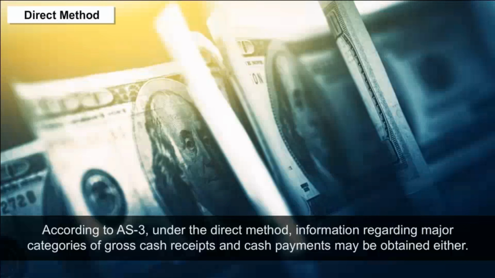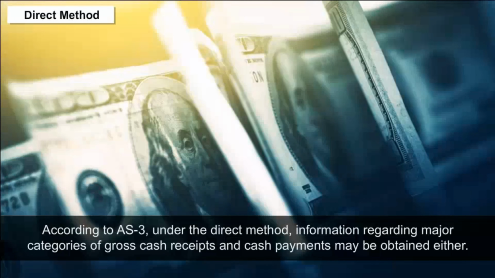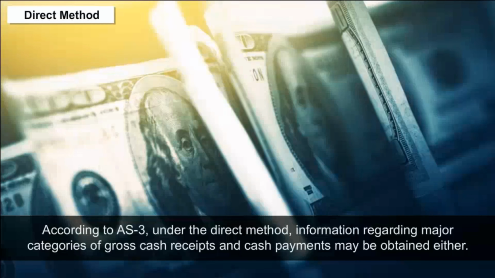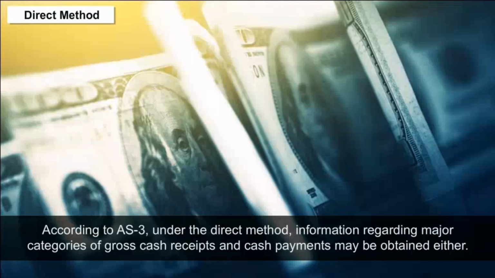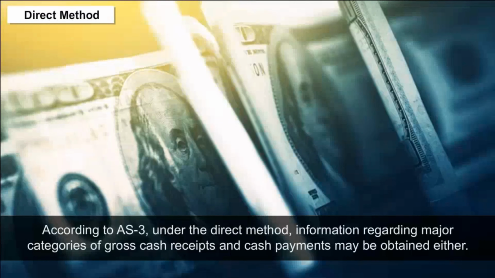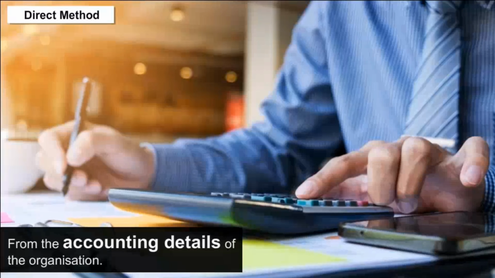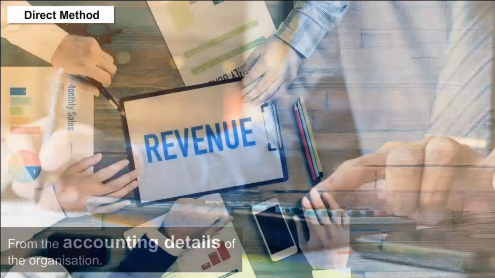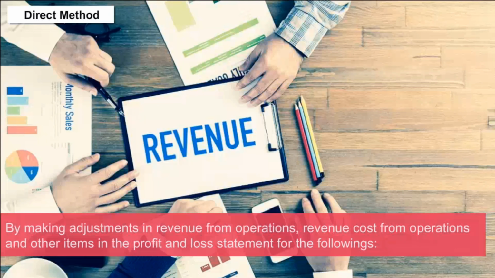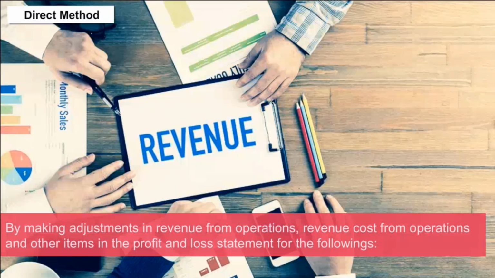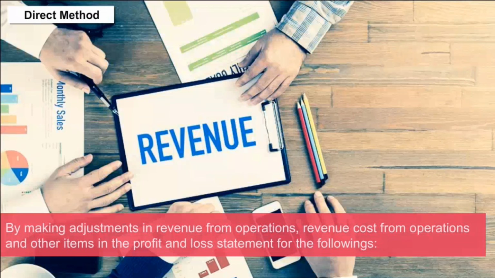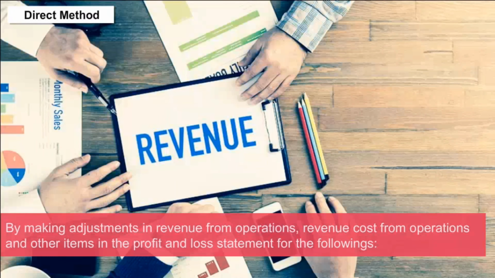According to AS3, under the direct method, information regarding major categories of gross cash receipts and cash payments may be obtained either from the accounting details of the organization, or by making adjustments in revenue from operations, cost of revenue from operations, and other items in the profit and loss statement for the following.